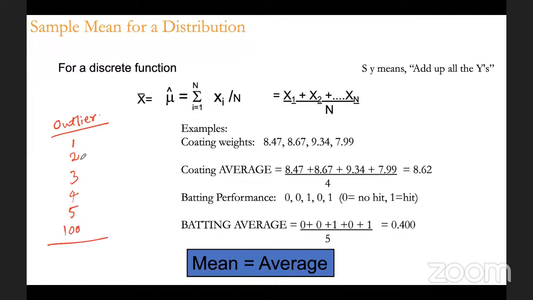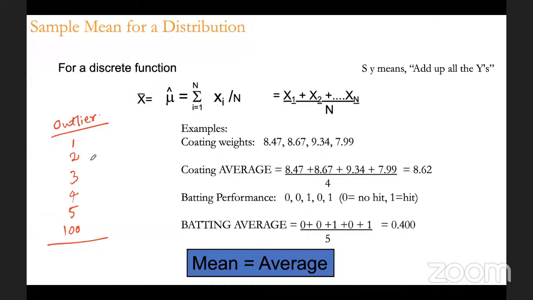This is my data set. Which one is the odd man out here? Which number do you think is completely different from the other data points? 100, exactly, right?